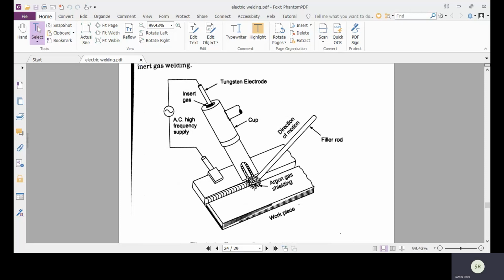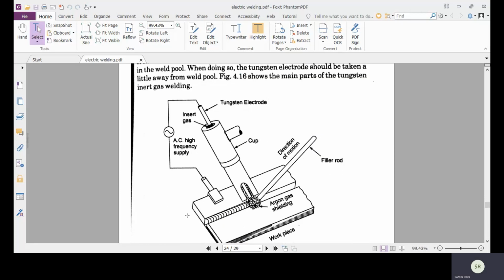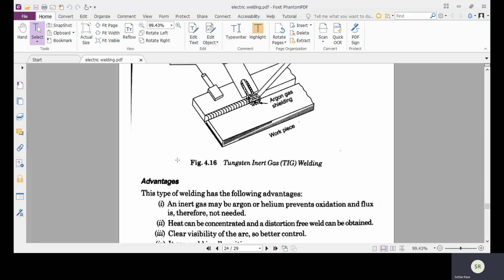Filler metal, if necessary, should be added by dipping the filler rod into the molten weld. The figure shows the main parts of tungsten inert gas welding. All the previous discussion shows the working and description of each part of tungsten inert gas welding.